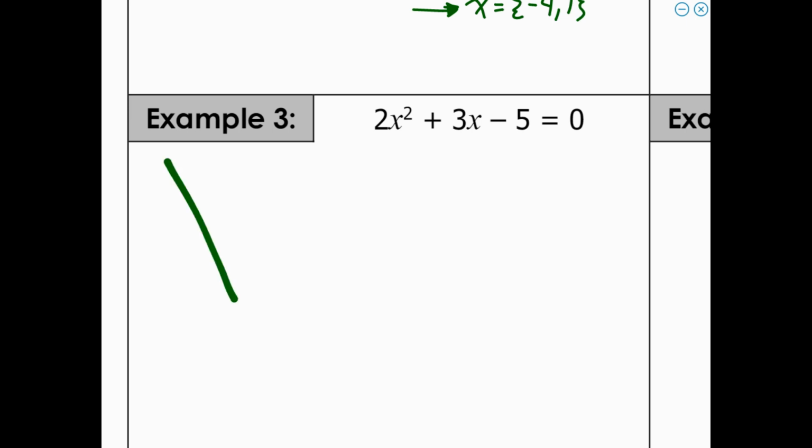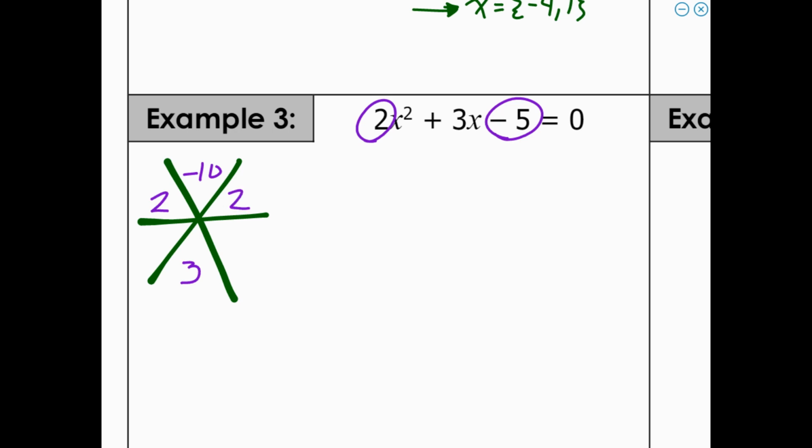So now we just go straight to my star. What's going to go in the top? Negative 10, because I'm going to multiply 2 times negative 5. What goes in the bottom? 3. And on my side is going to be 2.